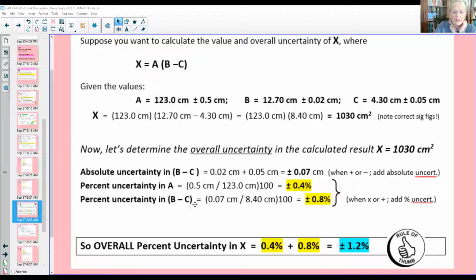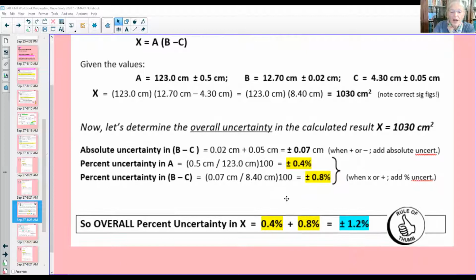But now you need to deal with the combined idea of B minus C. Since you'll eventually multiply the parenthetical idea of B minus C, you've got to take that absolute uncertainty and turn it into a percent uncertainty by dividing 0.07 by the value.